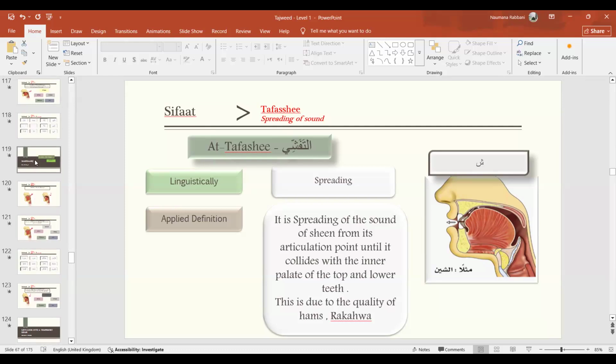If it's partially closed, then the sound makes its way out through a small divergence, so it takes time. That's why it's tawassut. And then the rahawa, where the sound flows freely. Those letters take the most time when there is sakina on them because of this quality.